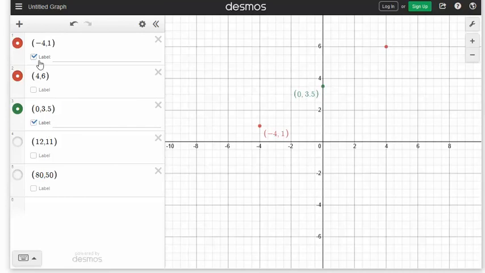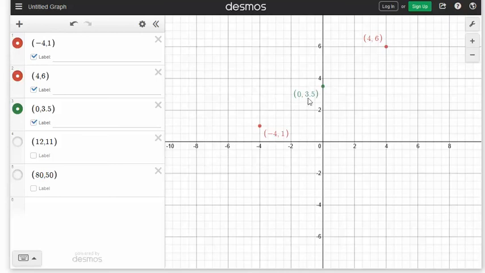I already know the slope between (4, 6) and (-4, 1) is 5/8. So if the slope between (4, 6) and (0, 3.5) is 5/8, then it's going to force it to be on the same line. So I don't have to check them both, just one.